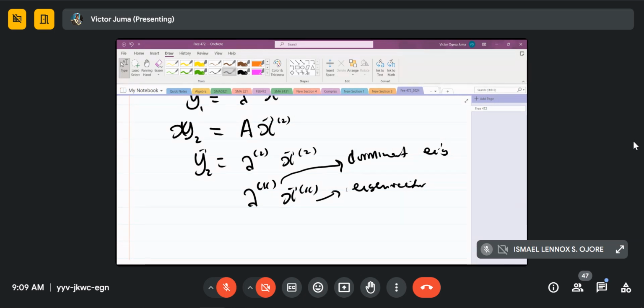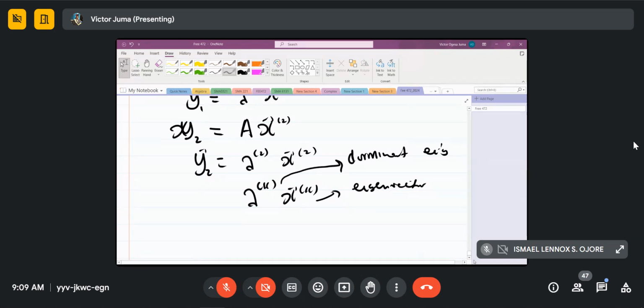I don't know if I can quickly find the eigenvalues here. And this assumes that the eigenvalue is not repeated.